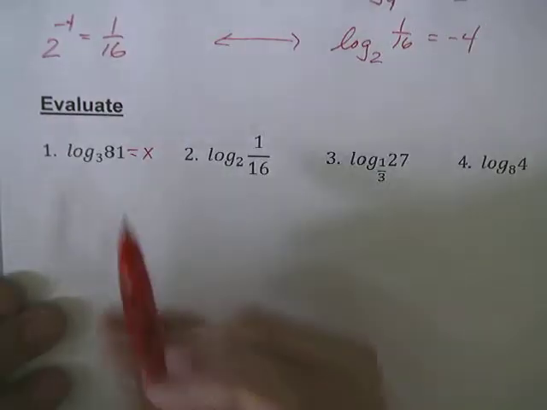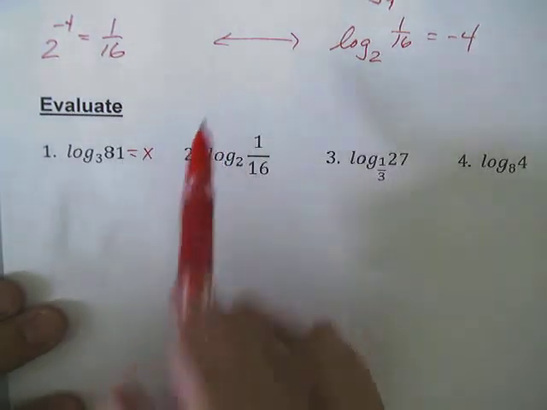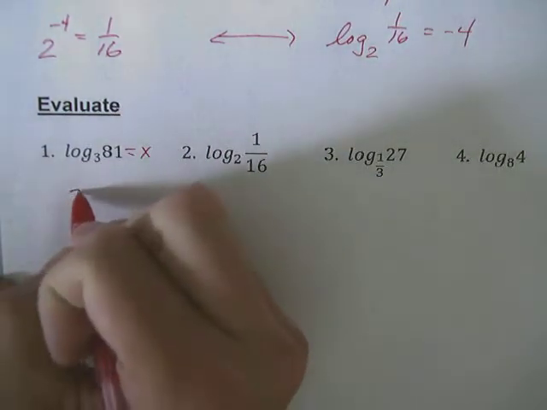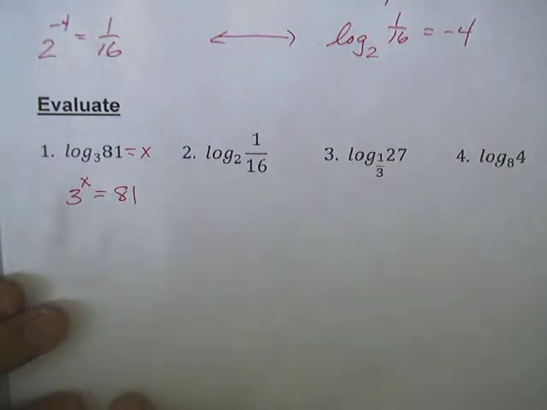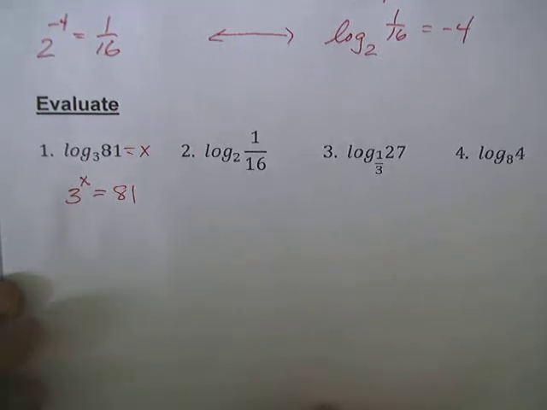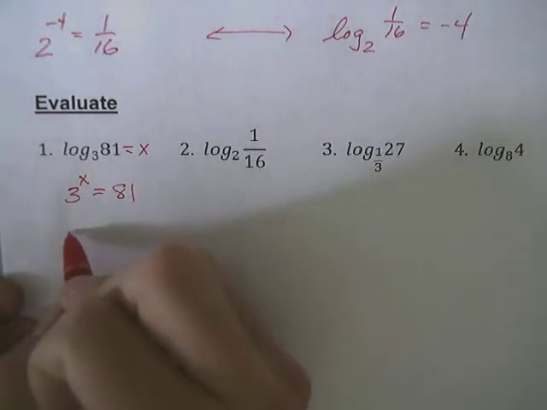Now you notice it just says evaluate, so if it helps you, put equals something, and so we're simply going to change these things into exponential form. So to follow the pattern that we just did right above, I'm going to write this one as 3 to the x equals 81.